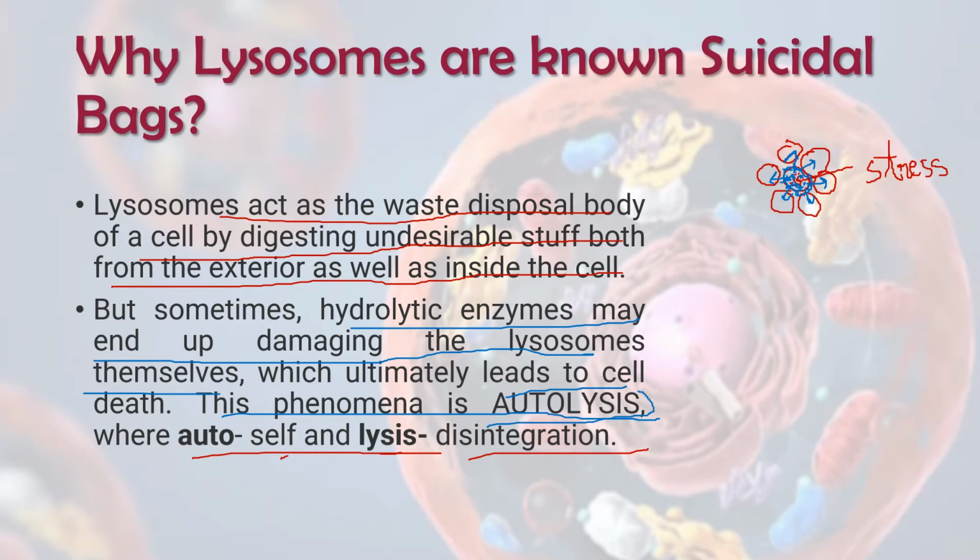This process is very important and you have to learn it very well. Autolysis, where auto means self and lysis means disintegration, is the self-killing of a cell with the help of lysosomal hydrolytic enzymes.